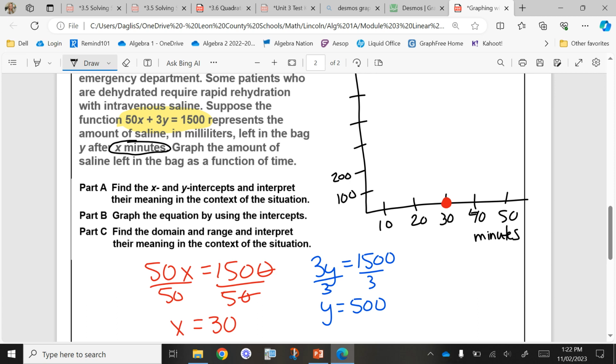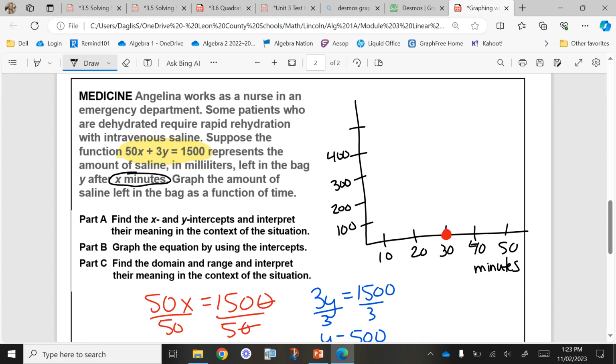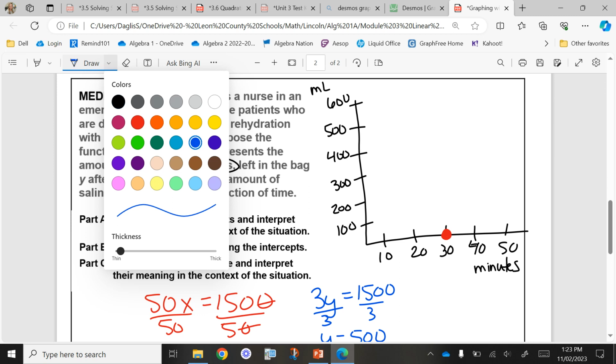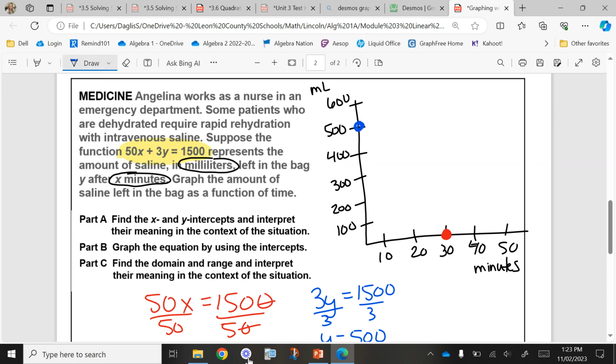What does this represent? Y after x minutes. How are these being measured? Miles, ounces, oranges? What does it say? Milliliters. So I'm going to do an ml right here. This is for milliliters. Okay, where are we going to put our point? At 500. Good.